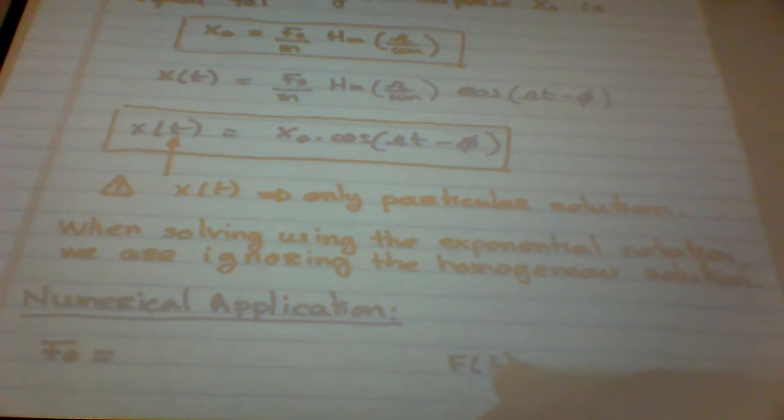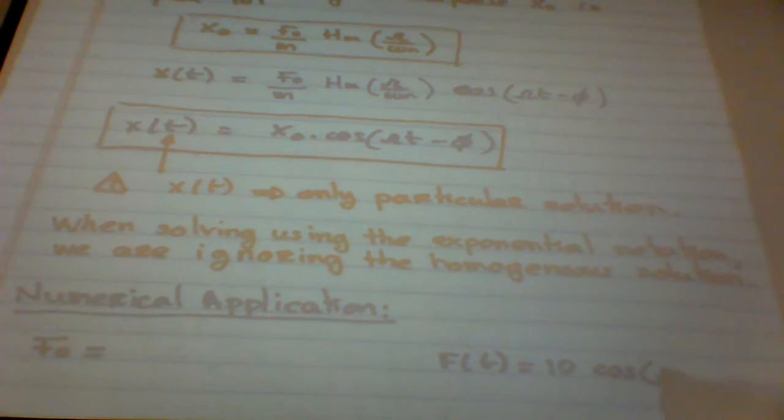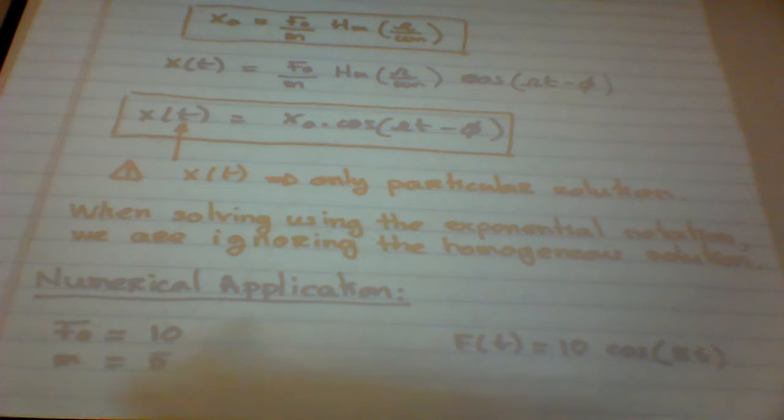Would it not be the amplitude of the forcing function? Yeah, which is 10. What is m? 5. And capital omega is also 5, and omega n is square root of k over m, so square root of 2, because k is 10. Yes.